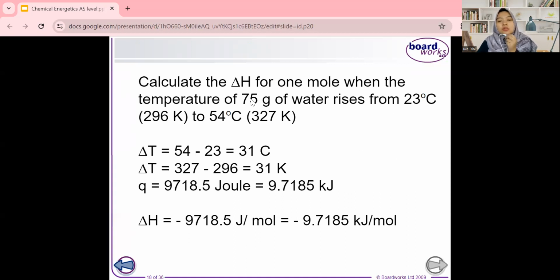Since the question asks you to calculate delta H, let's use the formula for delta H, and they have mentioned it is for 1 mole.